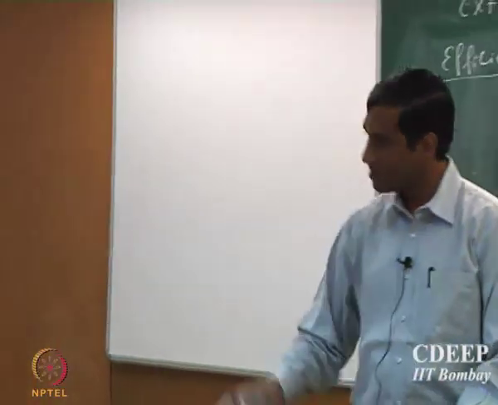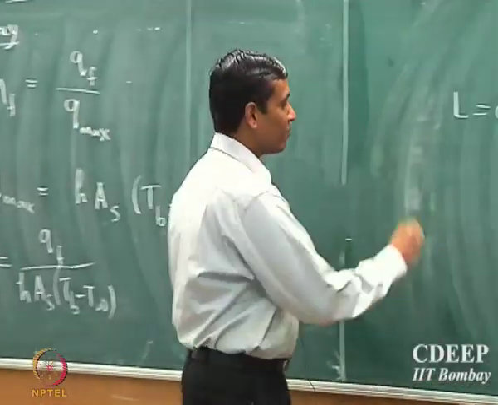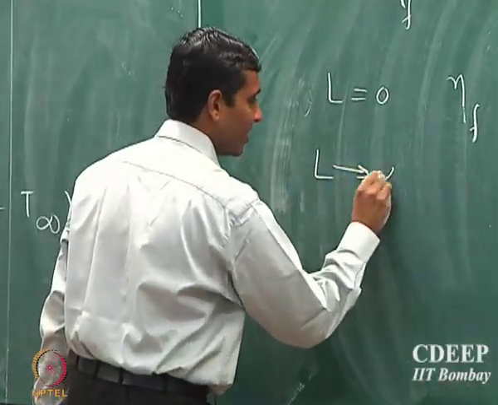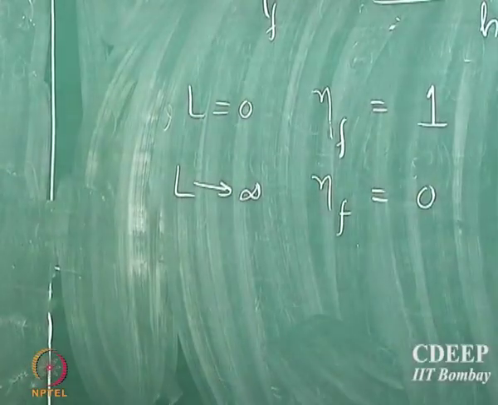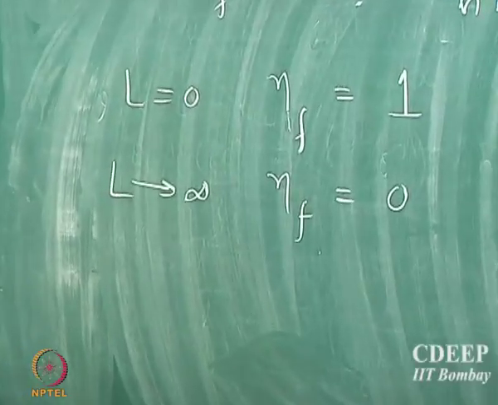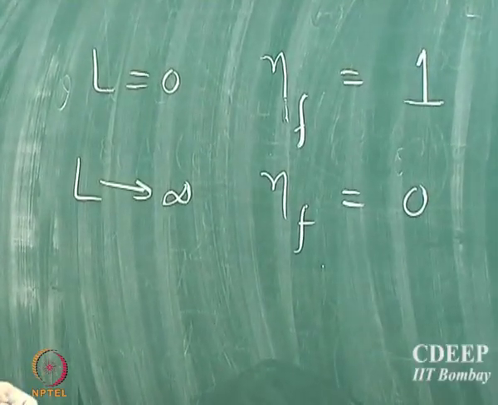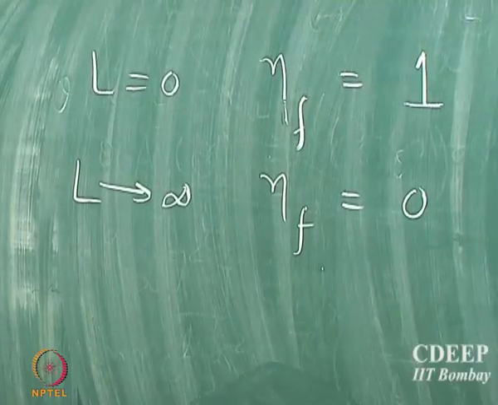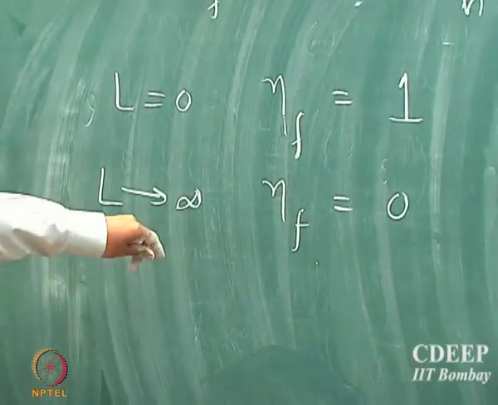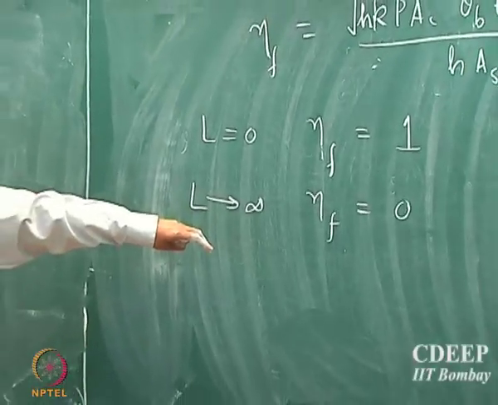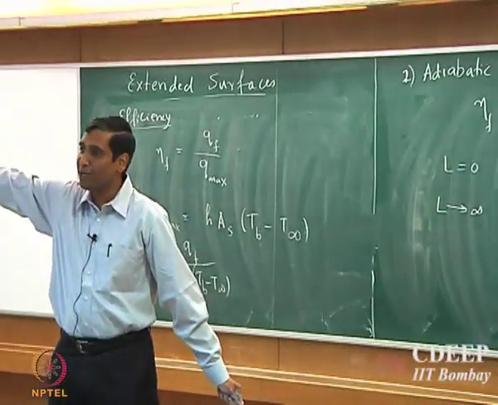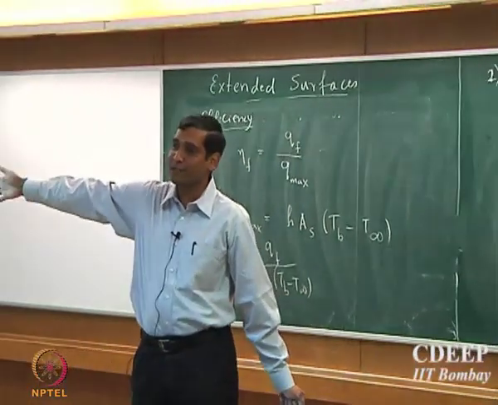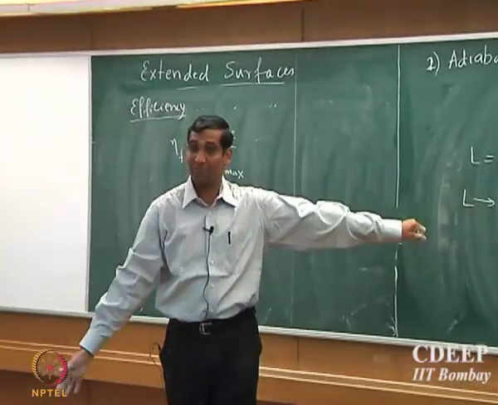It will be 0. That's right. So which means that as L goes to infinity, eta f goes to 0. So it's not that you design a long fin and you're going to have very high heat transport. It's completely counterintuitive. Although intuitively you would guess that if I design a very long fin I'll be able to achieve as much heat transport as I want, that's not really true.